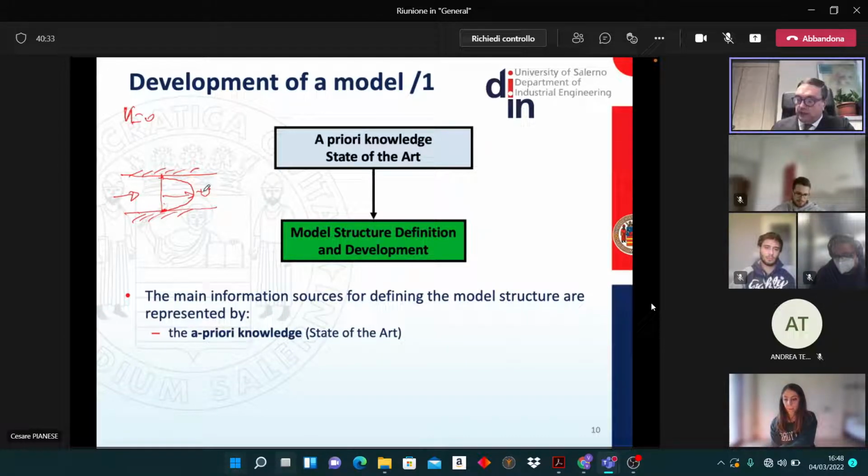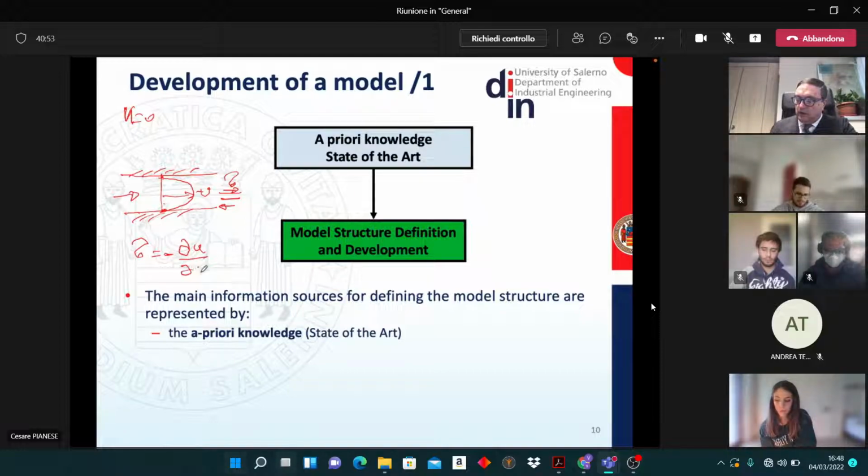We know that there are stresses, and we know that there is some relationship between these stresses and the gradient of u along the y direction. Okay, du over dy as a function.